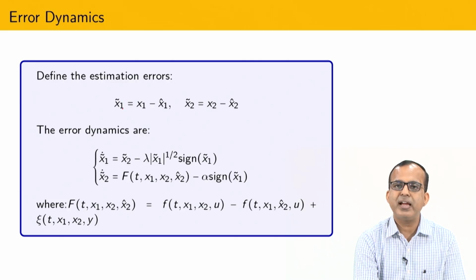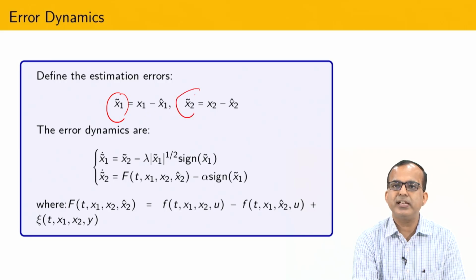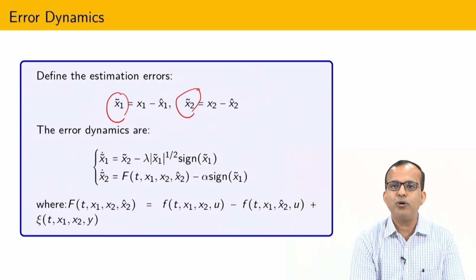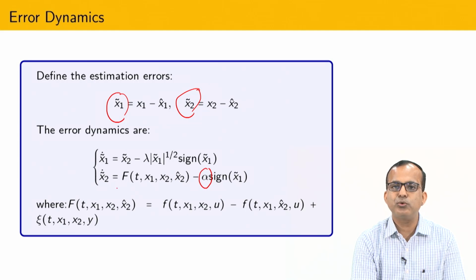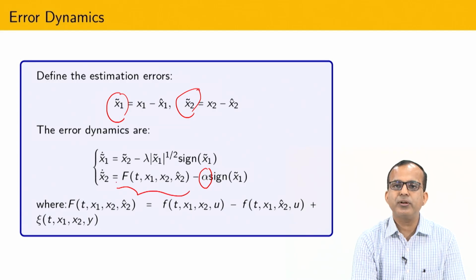So I have defined x1 tilde as the error between x1 and x1 cap, and x2 tilde as the error between x2 and x2 cap. Now you can see that the overall algorithm is converted into exactly the same as the super twisting algorithm, and we have already proved the convergence of the super twisting algorithm. This term L alpha is capable of taking care of any kind of uncertainty that lies here. And how have we defined it? It is the difference between these two.